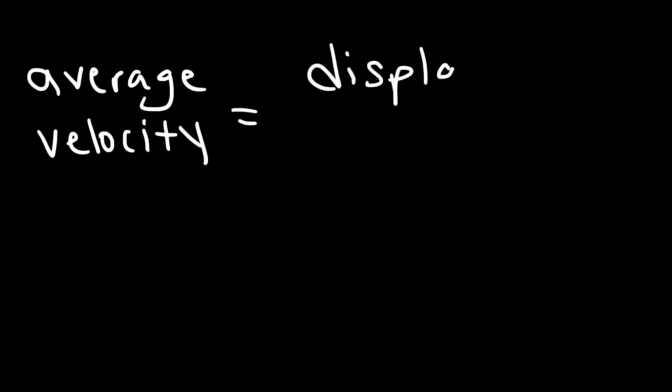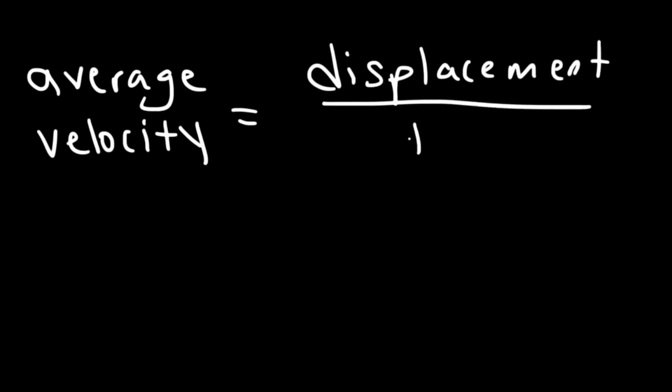Now what about average velocity? Let's say we want to calculate the average velocity, how can we do so? Average velocity is equal to displacement divided by the total time. So in this case, the formula looks the same.